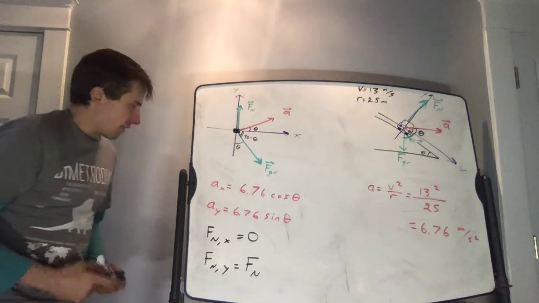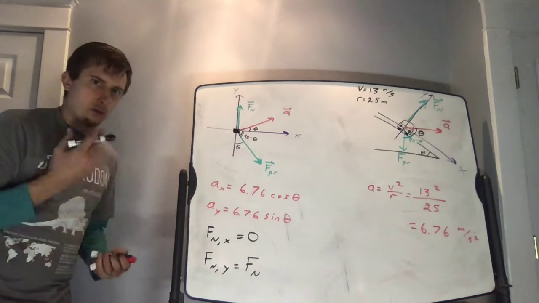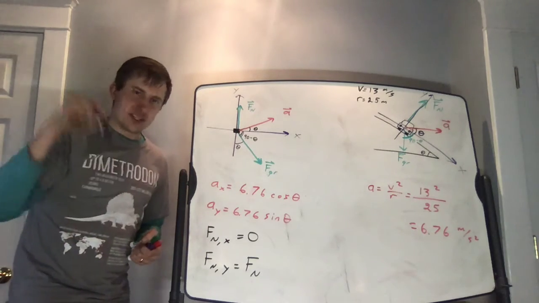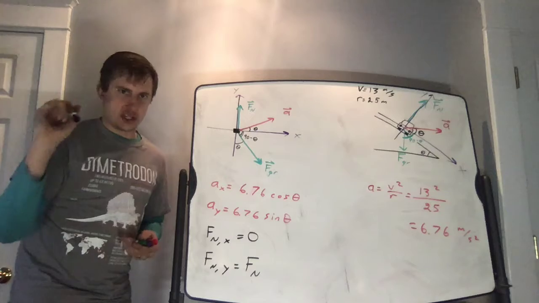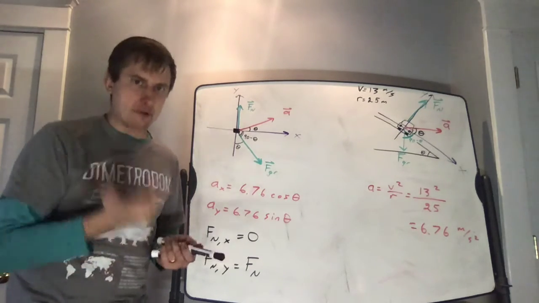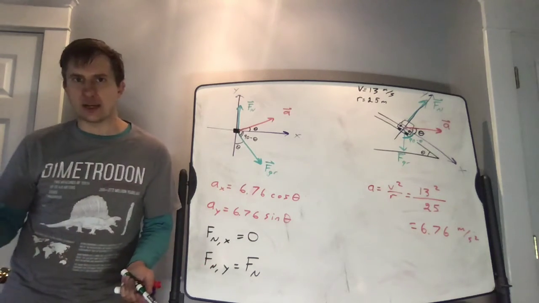For the force of gravity, the magnitude of the gravity force is always mg. Now, if gravity points in the negative y direction, which is true for most scenarios we encounter, then I could say gravity has an x component of 0 and a y component of negative mg.